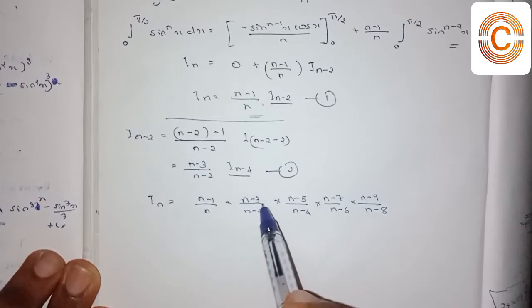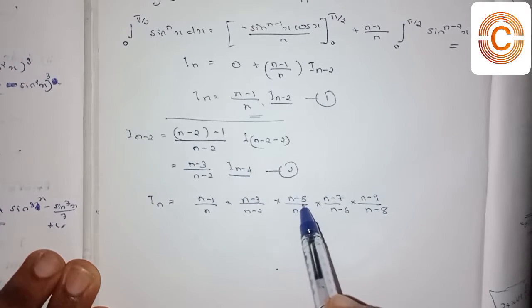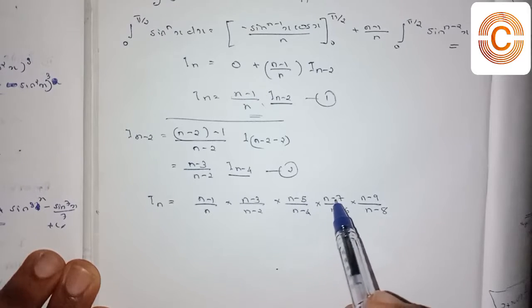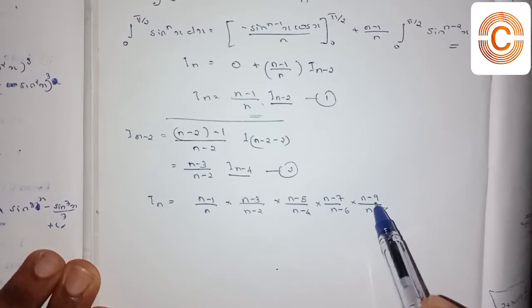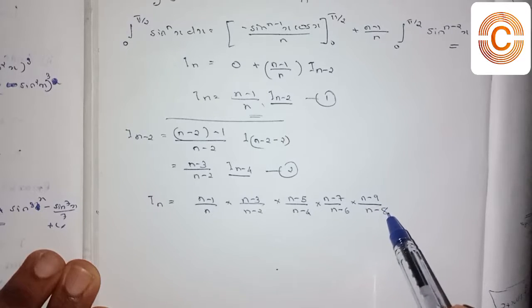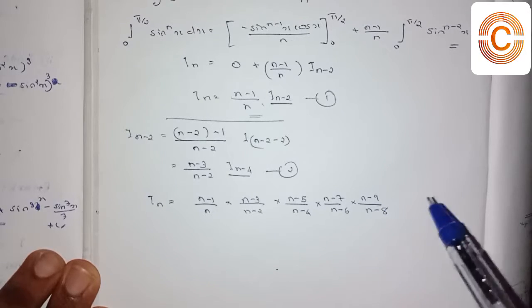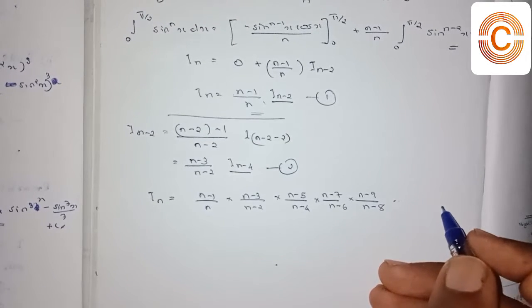Putting this value in, we get I_(n-4), which is equal to (n minus 5) divided by (n minus 4) into I_(n-6), and so on. Likewise this term continues.